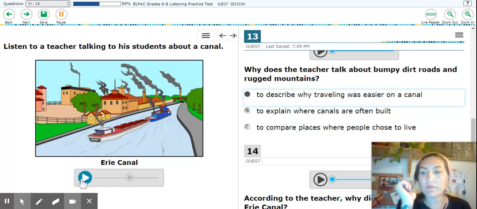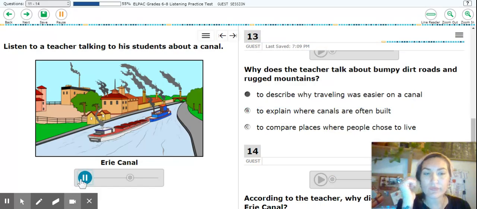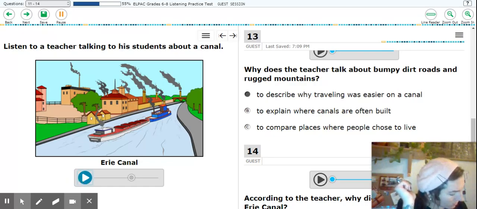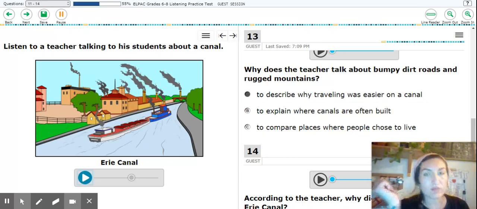The canal was both faster and far less dangerous. Okay, faster, less dangerous, which would obviously also make it easier. If something's faster and less dangerous, it's easier. Farmers also benefited from the Erie Canal.